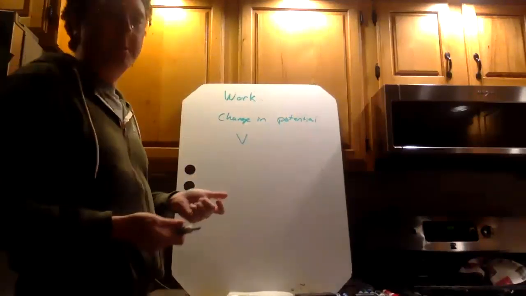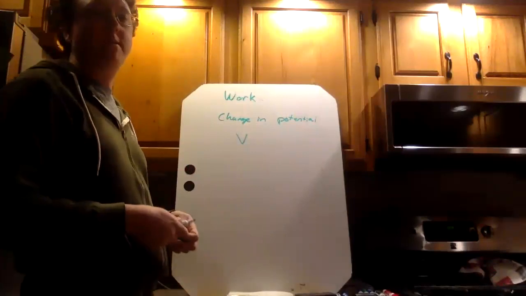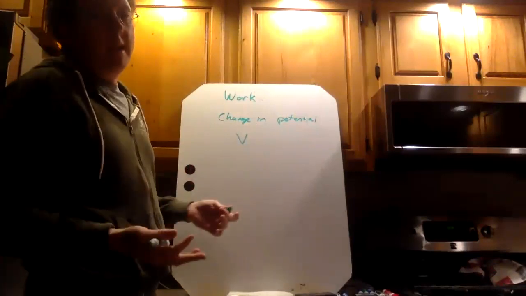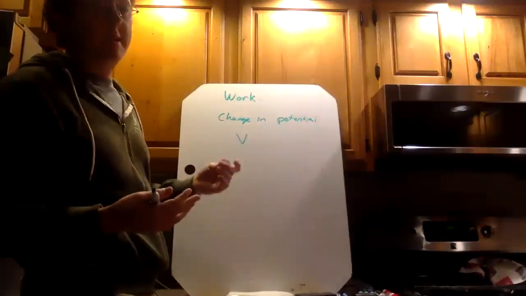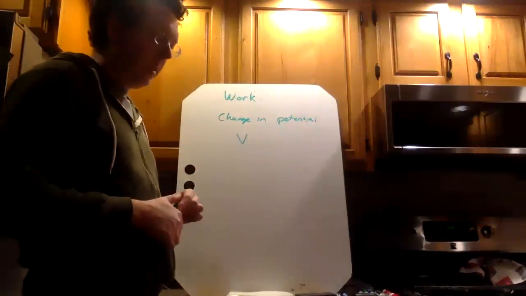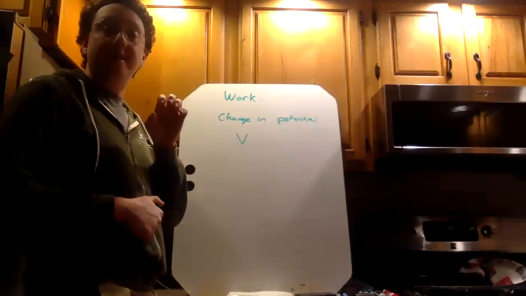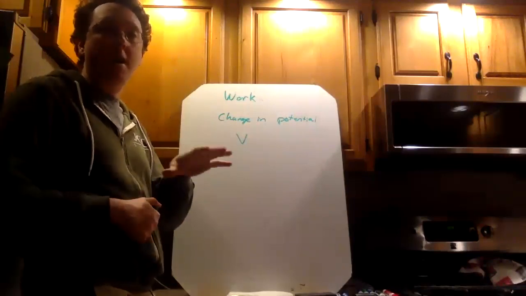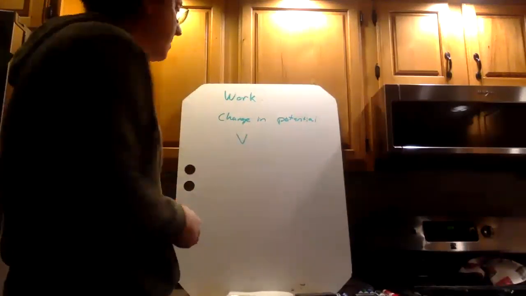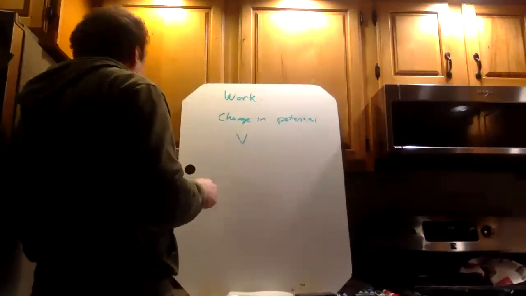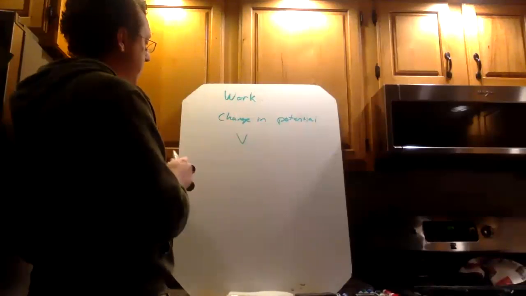I won't write delta V, I'll just write V, because in circuits, everything is a change in potential. Nobody calls it delta V; when they say the words, they'll say a difference in potential or voltage drop or something like that, but when they write it down, usually they just say V. And we're going to push a little bit of charge around.